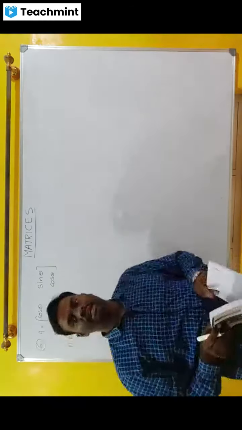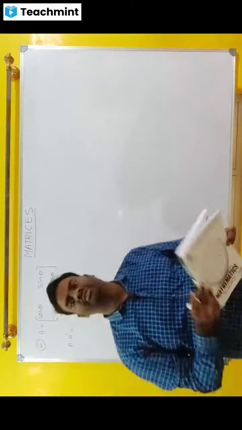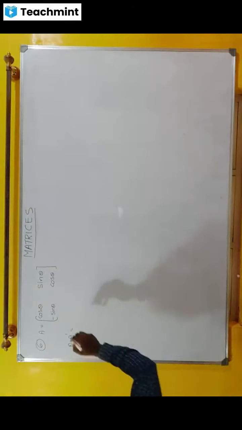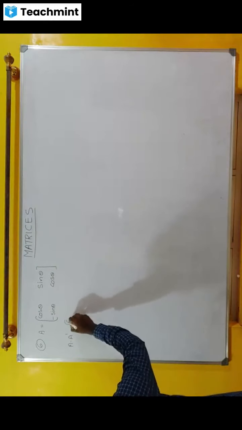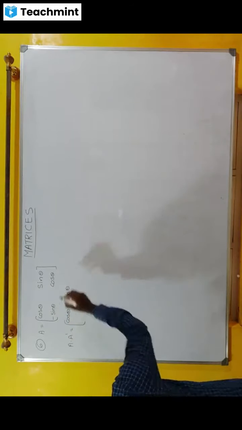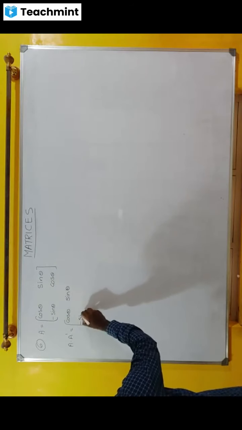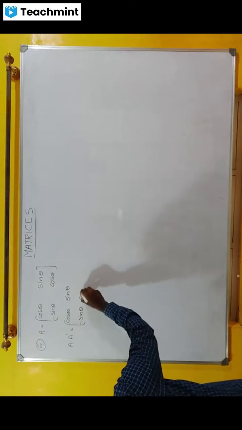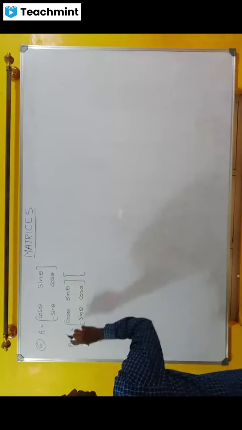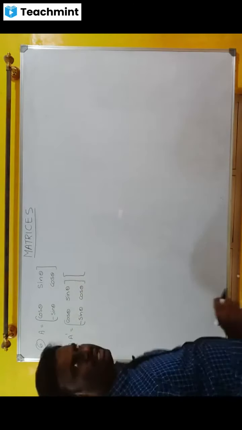Simple question. A matrix is given, and we need to find A into A dash. Okay. First, A matrix is cos theta, sin theta, minus sin theta, cos theta, into A dash. What is A dash?